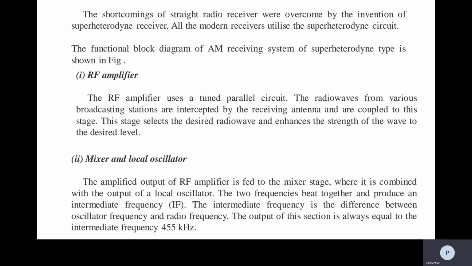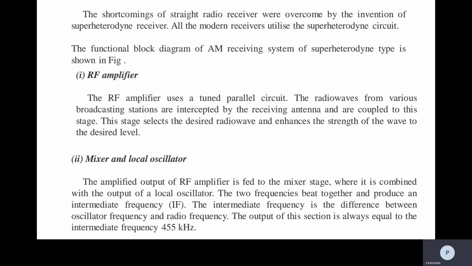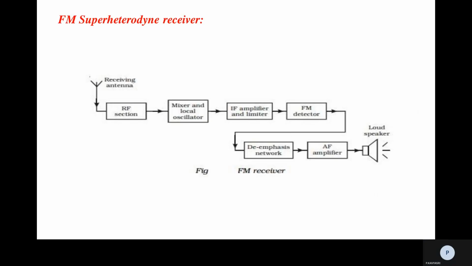The output of this section is always equal to the intermediate frequency, 455 kilohertz. As I said, a frequency is coming from the RF amplifier as well as from the local oscillator, and the mixer will generate the difference of those two frequencies, and that is given to the IF amplifier. Now we will see about the IF amplifier.